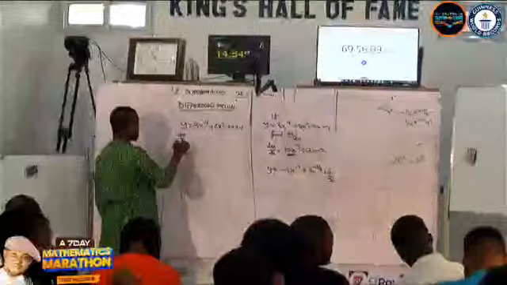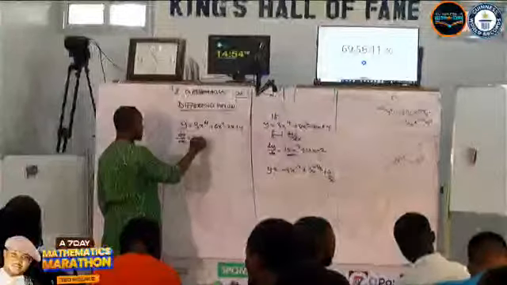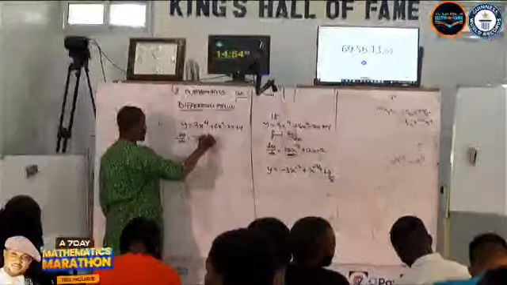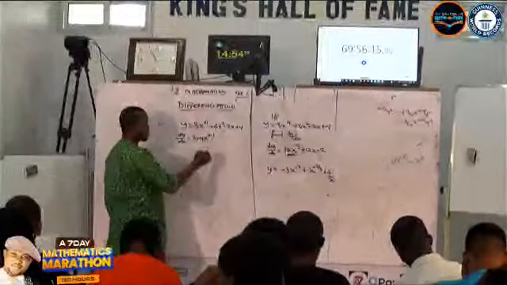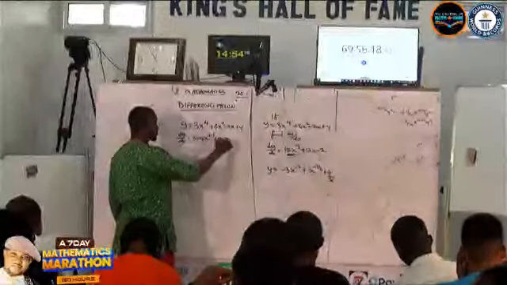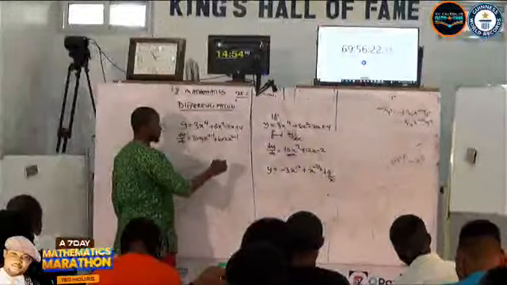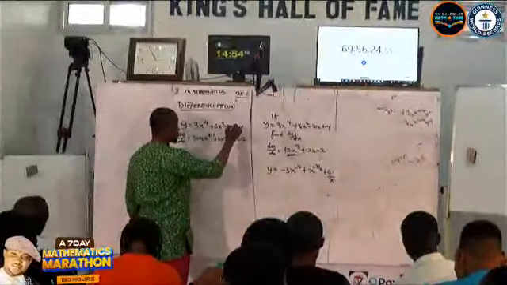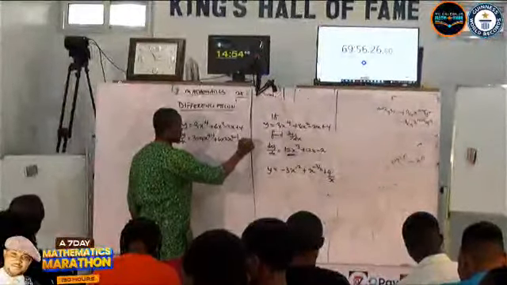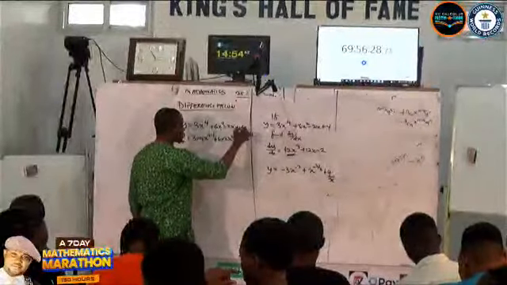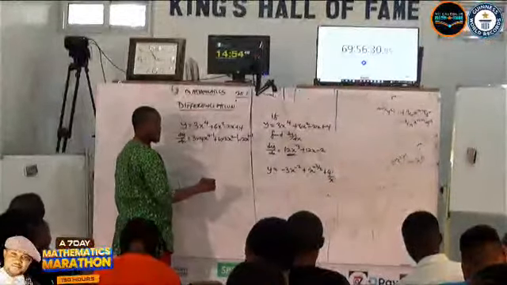dy/dx equals 3 times 4 x^(4-1) plus 6 times 2 x^(2-1) minus 2, x is to the power of 1, 1 minus 1, any constant is 0. Are you getting it?